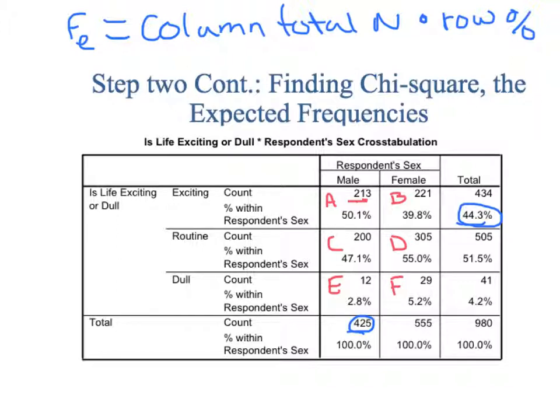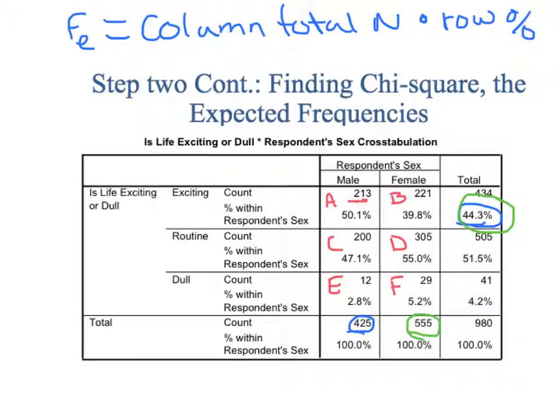And then we would go on to cell B, and we would use our column total for women, which is 555, and we would still use the same percent though, 44.3%. And then we would move down to cell C, where we would use the column total, 425, and this time our row percent is going to change though, it's going to be 51.5%.